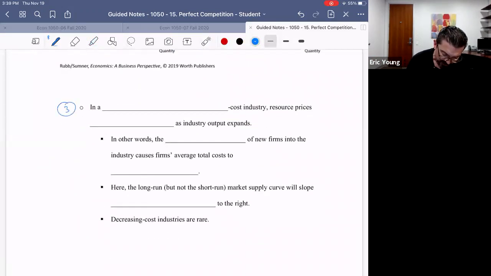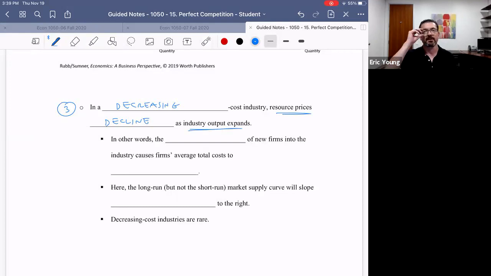Finally, we do have a third potential result. This is known as a decreasing cost industry. In a decreasing cost industry, surprisingly, resource prices will actually decline. Resources actually get cheaper as the industry expands output.